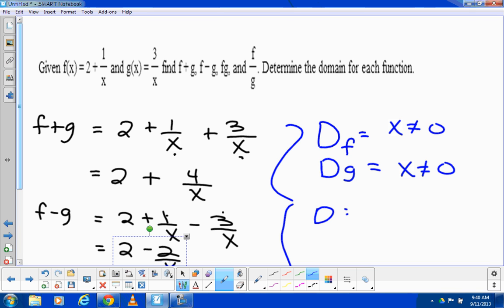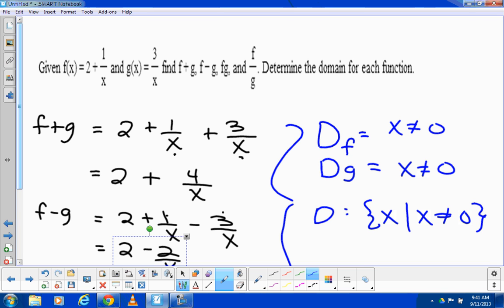If I intersect those two, they say the same thing. So what's going to be the domain of F plus G and F minus G and F times G? X cannot be 0. Now this is where I have to put it in my notation: for all X such that X cannot equal 0. I know this is probably still not making a whole lot of sense. Just wait till the next example.